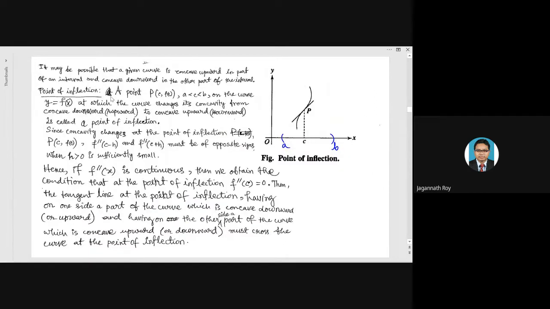Now there are some functions which are neither convex nor concave at some given point. For example, if we have this point, it is called a point of inflection. What happens here, if you think about this point, then it is going for a peak.